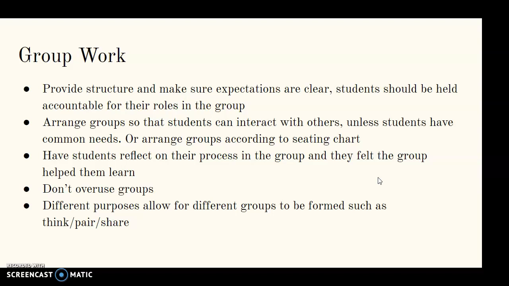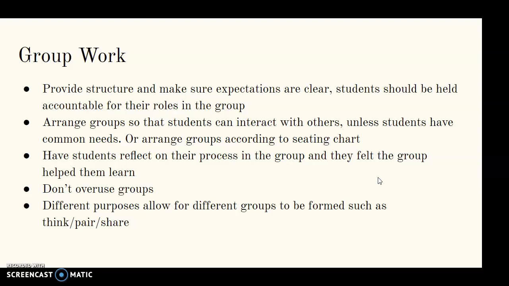So basically, if you're grouping your students, make sure you're grouping them so they can be successful, where they can learn and contribute to the group, and have them reflect on their process in the group, how they felt about the group. Sometimes you can think the group is going okay, but the students can think that it's not going okay, that they aren't actually learning anything from one another, and that they actually need a better group.